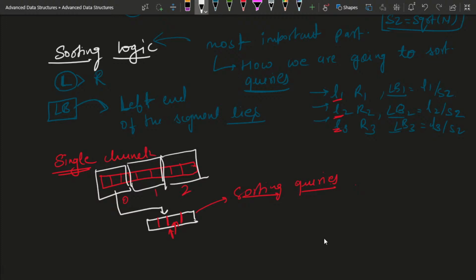I am not considering where my right end lies. This right end can lie anywhere in the array, at this chunk or at that chunk also. I'm just considering my left end.